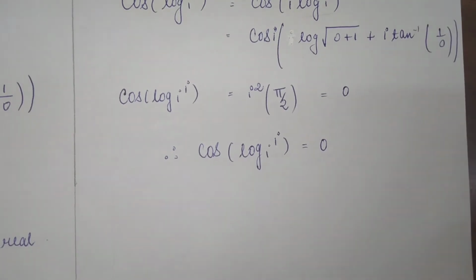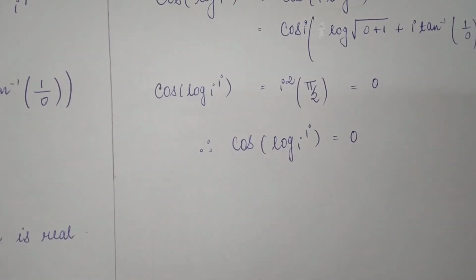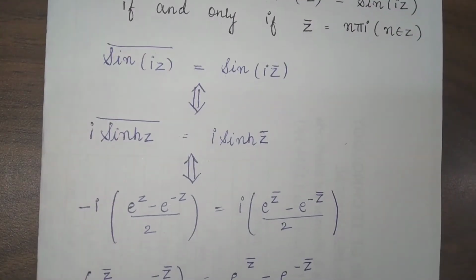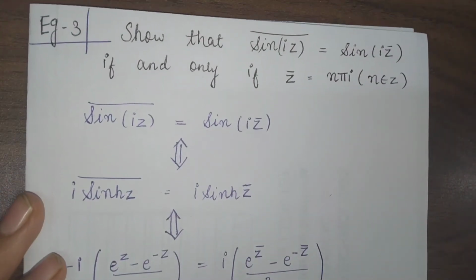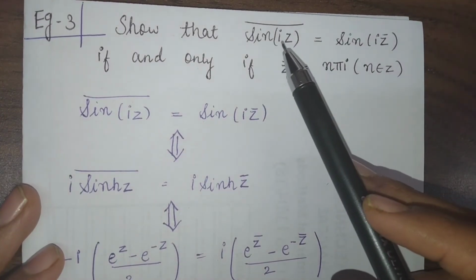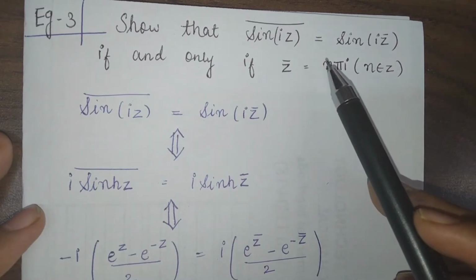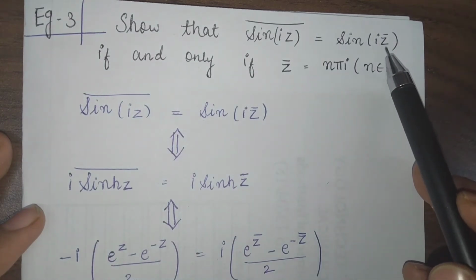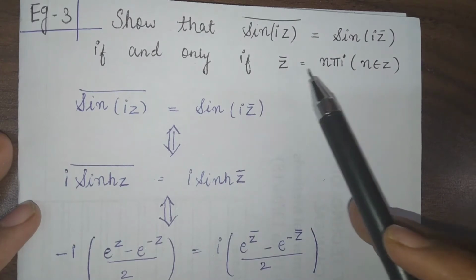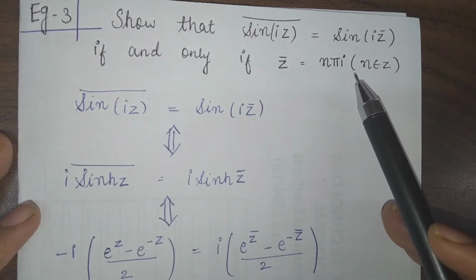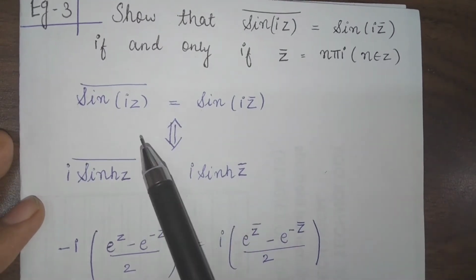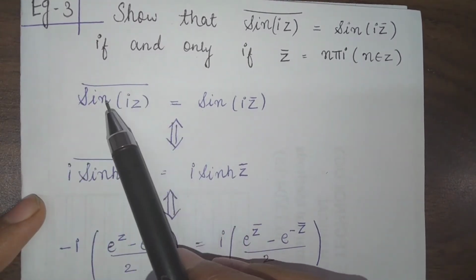Okay. Now example 3. Show that sin of iz conjugate is equivalent to sin of i z conjugate if and only if z conjugate is equivalent to n pi i, where n belongs to Z. Now this is the circular function.